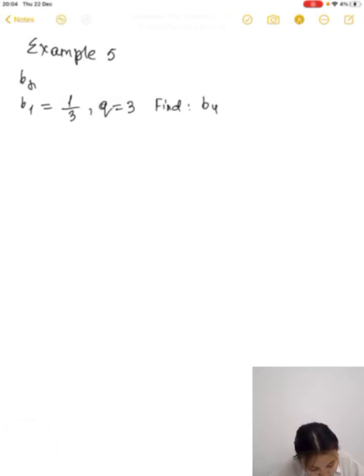Fifth example: b sub n is a geometric sequence with b sub 1 equal to 1 over 3 and q equal to 3. Find b sub 4.